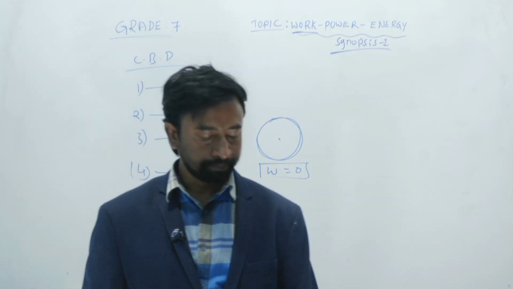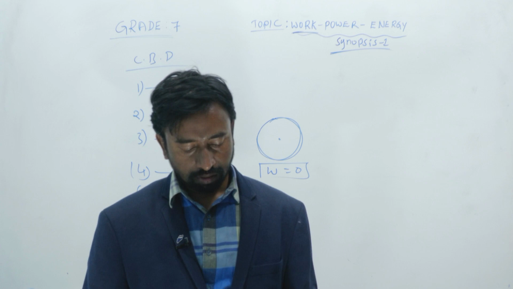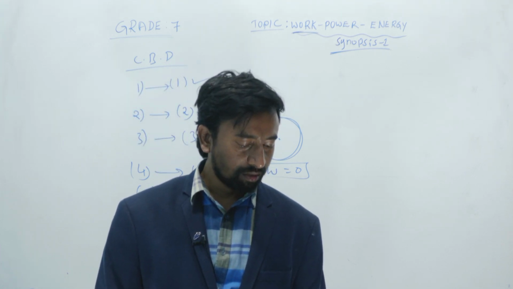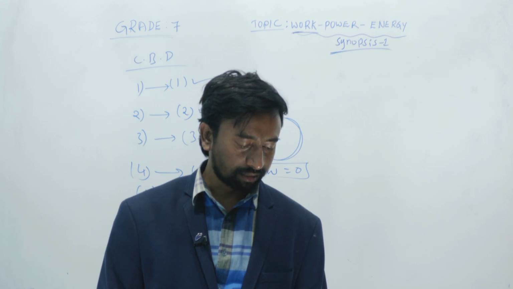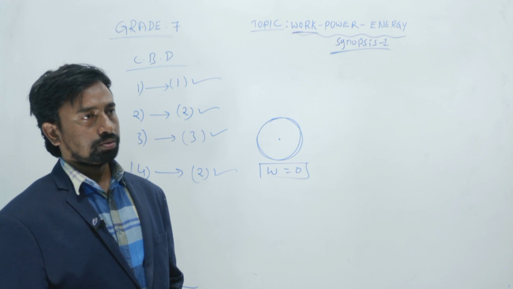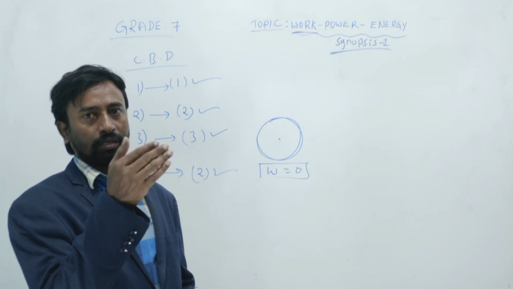The fifth question: a ball is thrown vertically upward from the ground. Considering the retarding work done by air resistance, which of the following is correct? Whenever the body is thrown into the air, the air applies a force on the motion of the body.